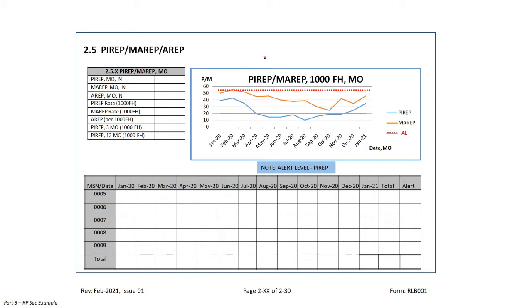So we have here a graph, PyRep, MyRep per 1,000 flight hours per month. Two trend lines, one for PyRep, one for MyRep, and an alert level that belongs to the PyReps. Why do we have two different trend lines? Answer is very simple, because sometimes we can see that an airline includes non-technical findings in MyReps.